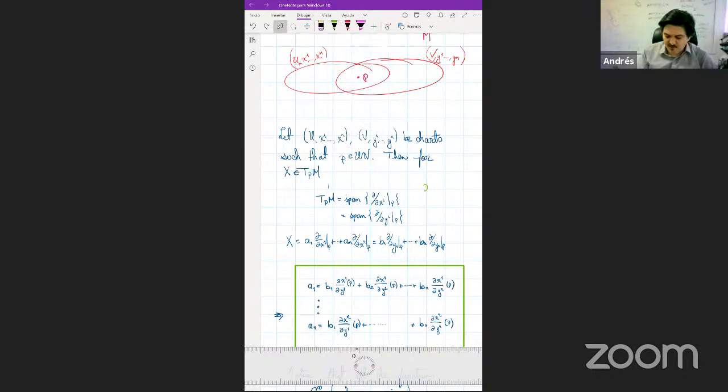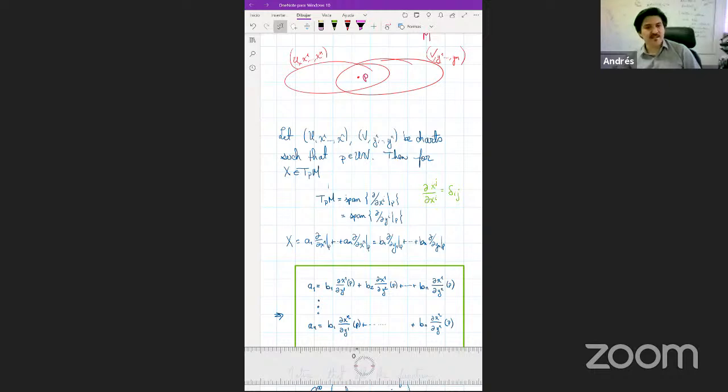Remember that you know very well the functions xi are smooth functions.